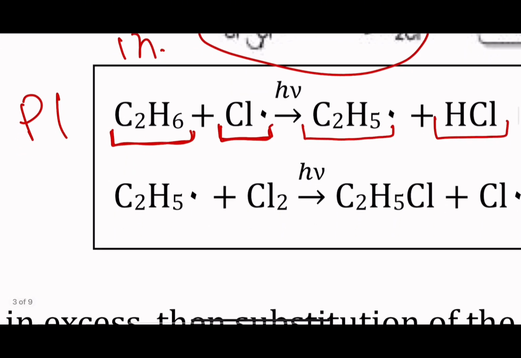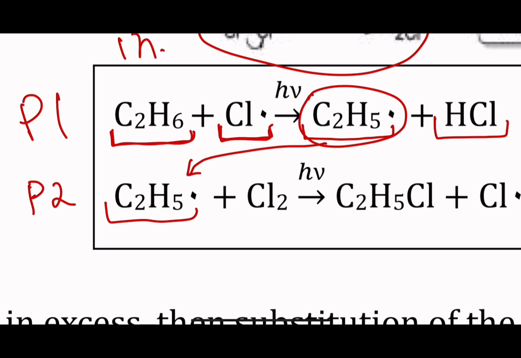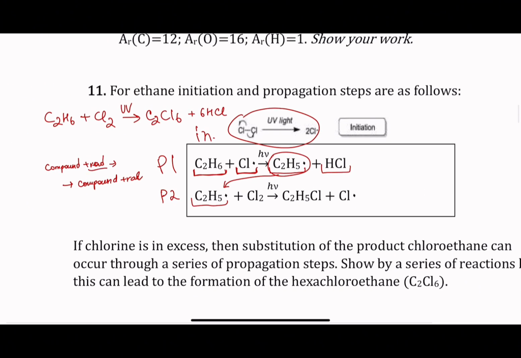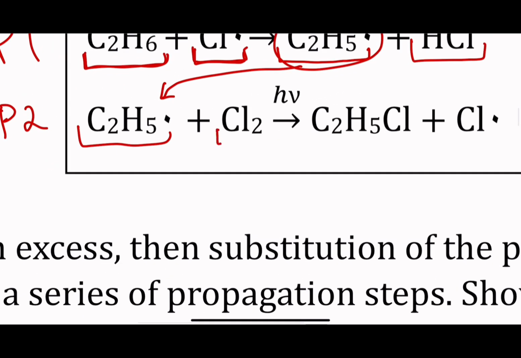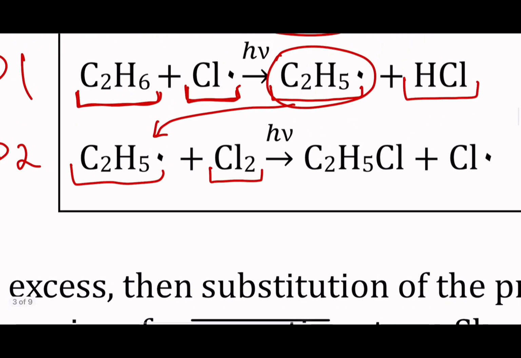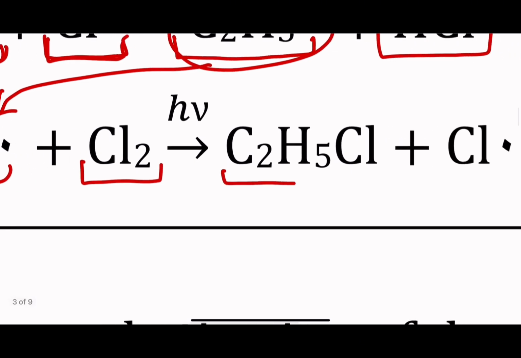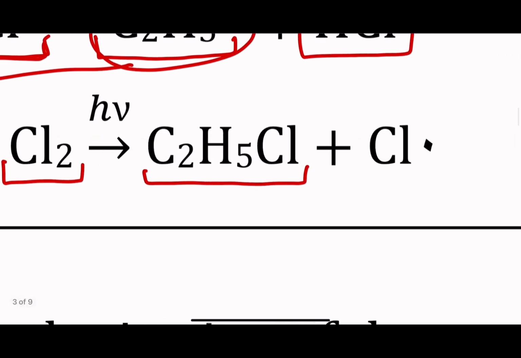Now when you go to the second step, P2, we got that radical from top. You see this guy by itself coming in here, again radical reacting with compound. In here compound is Cl2. Now radical takes the chlorine from the compound. Now you have the structure, and then you've got chlorine radical left again.